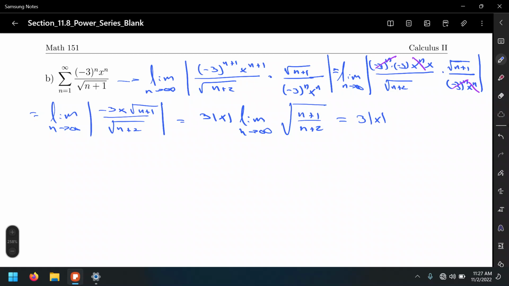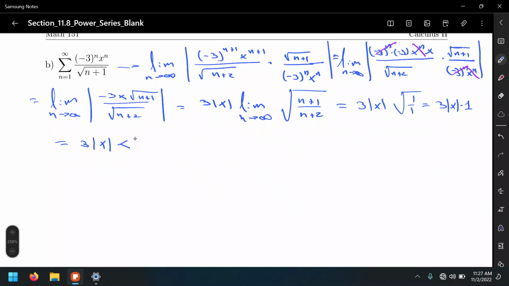They're both degree 1, so we can just go with the ratio of the leading coefficients, which is the square root of 1 over 1, times 3 absolute value of x. The square root of 1 over 1 is the same as the square root of 1, which is 1, which reduces to 3 absolute value of x. So that's our final answer for the limit. But because we want to determine convergence in this case, we need to set this less than 1.